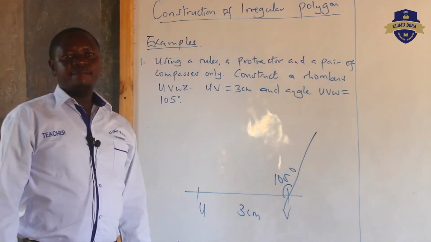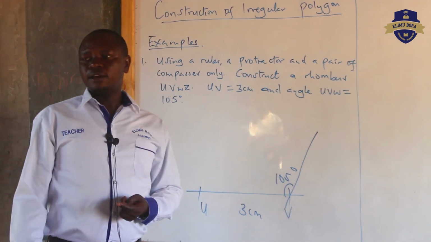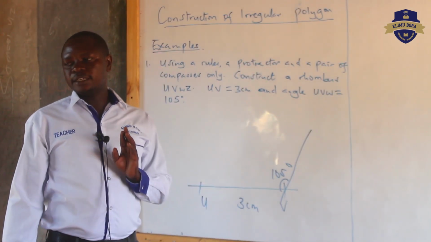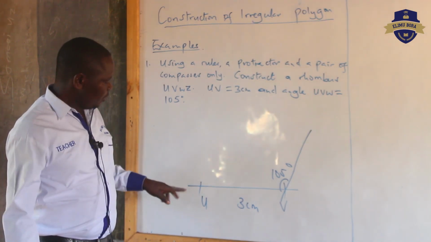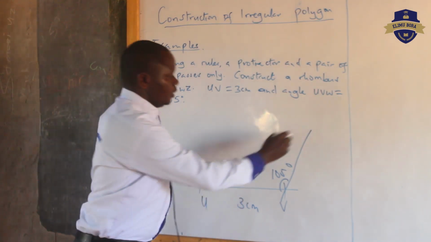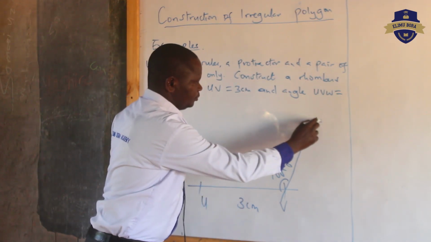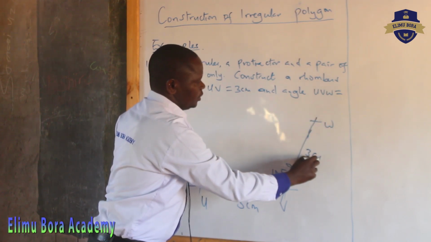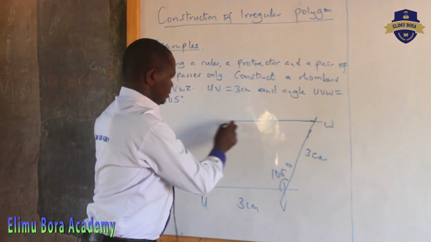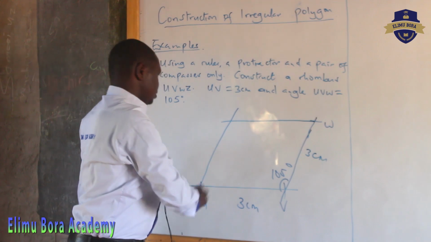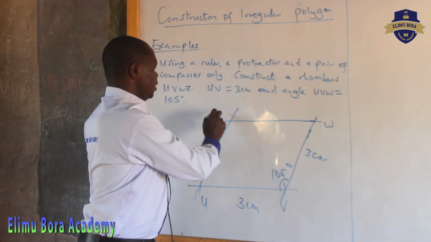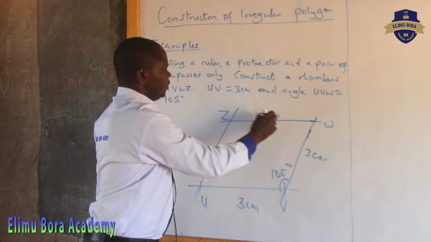Are we together? And we know the properties of a rhombus: all sides are equal. So if UV is 3 centimeters, it means VW will also be 3 centimeters. So this one is going to be our point Z. This one is also 3 centimeters.